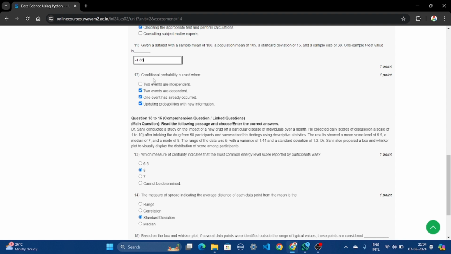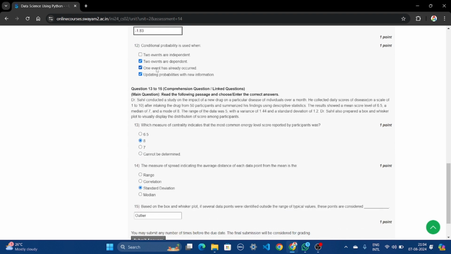Okay. Conditional probability is used when two events are dependent and also one event has already occurred and updating probabilities with new information. So here the correct options will be option B, option C and also option D. As we all know, conditional probability means checking the probability of an event when another event is already given.